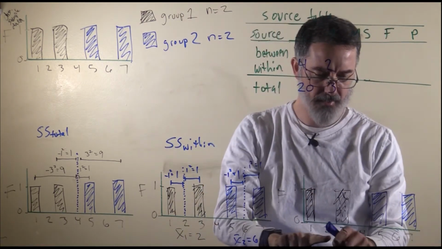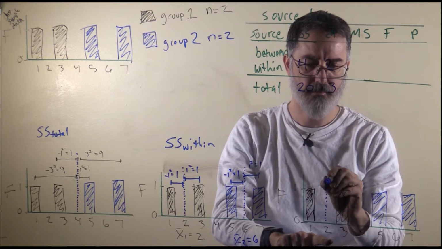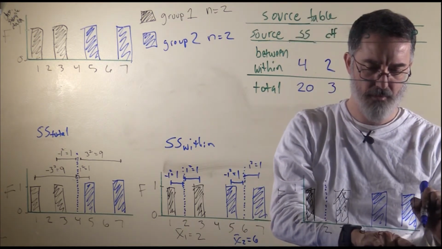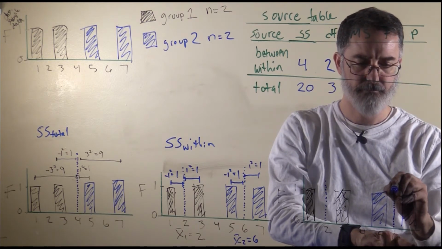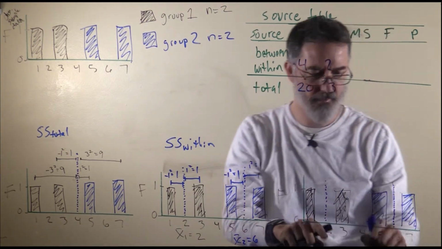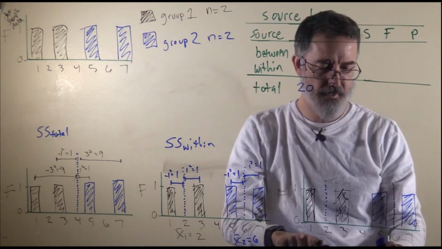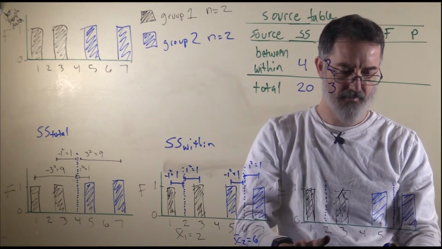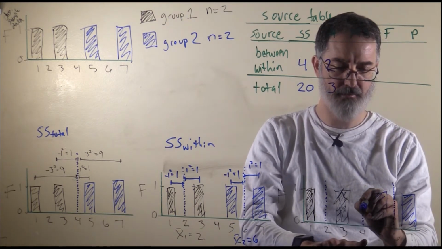The mean of group 1 is 2, and the mean of group 2 is 6. When we're calculating the standard deviation of those, we need their overall mean. So the mean of 2 and 6 is 4. That's the grand mean also.